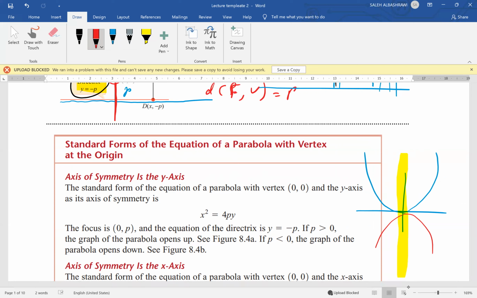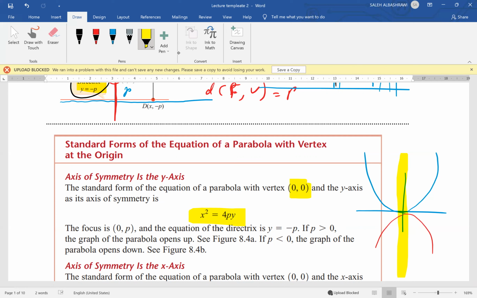The standard form of the equation of a parabola with vertex at (0, 0), the origin, and the y-axis as its axis of symmetry is given by x squared equals 4by.